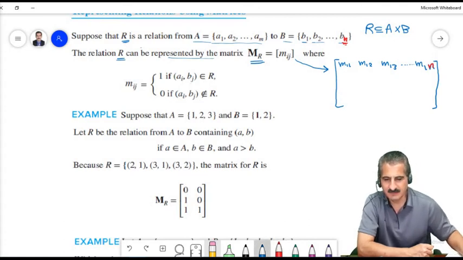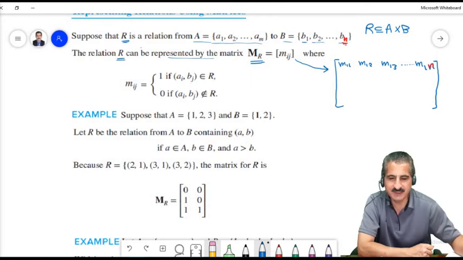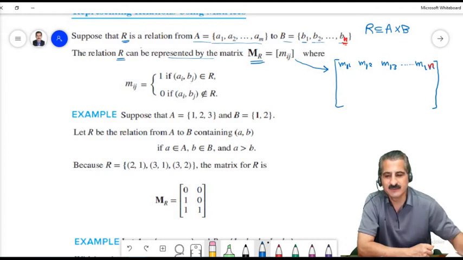Now, if we continue writing the matrix, pay attention to the first row here. It is m11, m12, m13, all the way till m1n. This i here represents the number of the row.